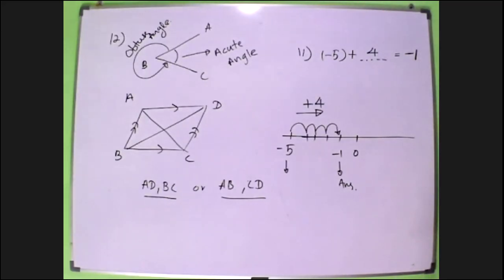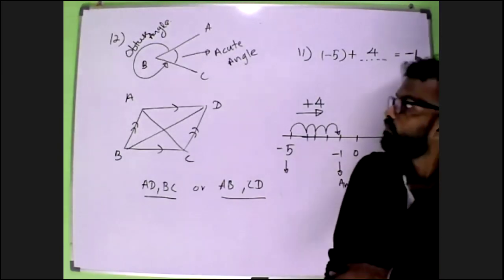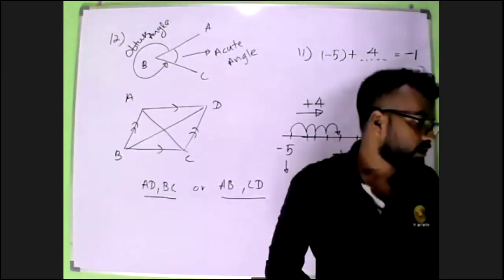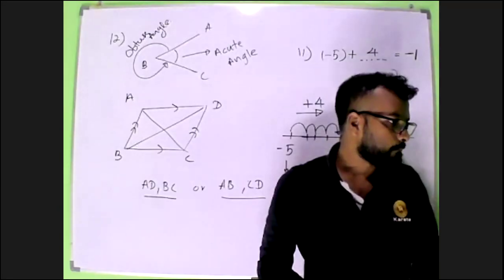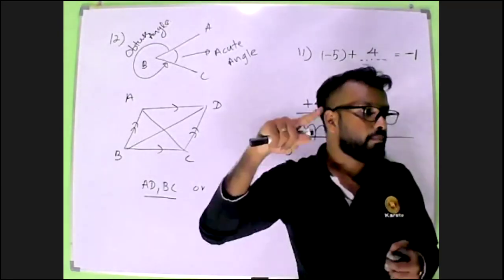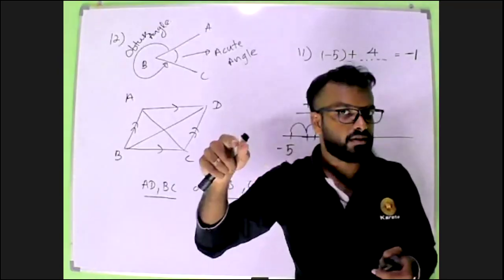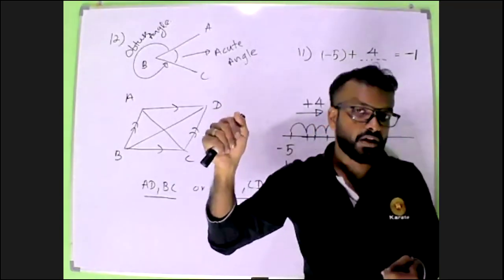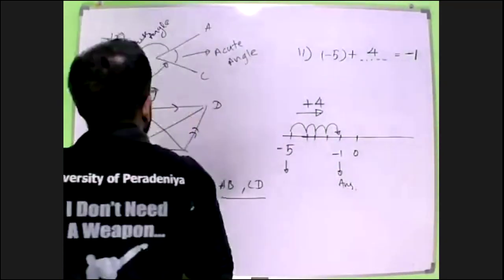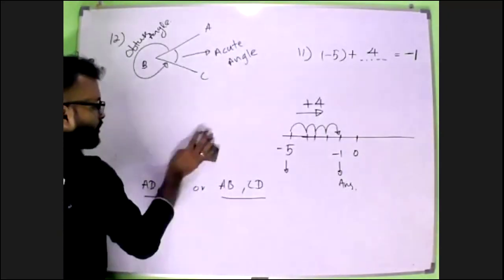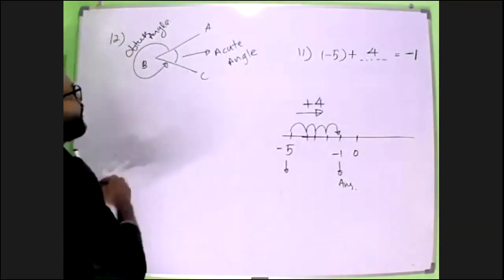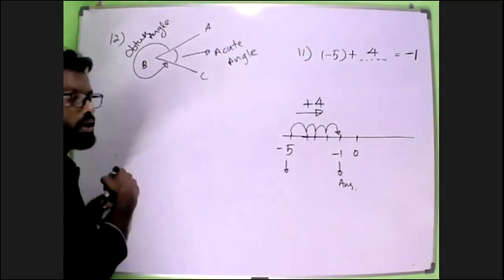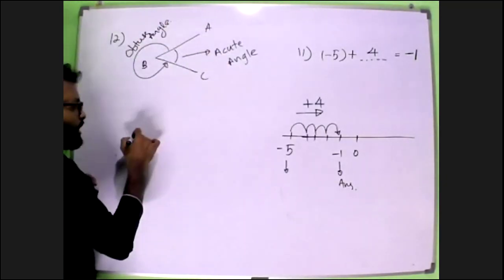Okay. Sir, I wrote acute angle. So it is asking you to write down angles. Name the angles in the figure. However, if you did this one as well, it would be correct. So acute angle, obtuse angle, yes. Or you can say ABC angle.